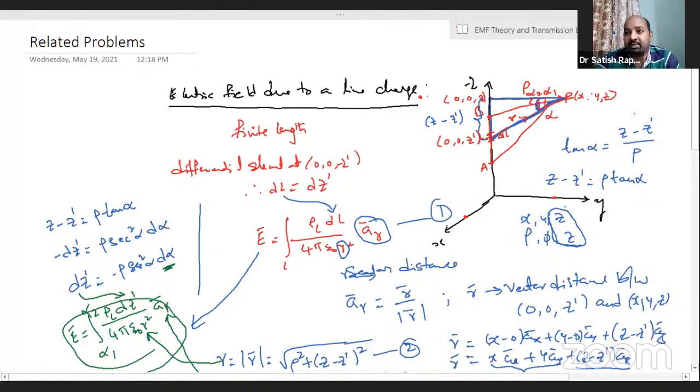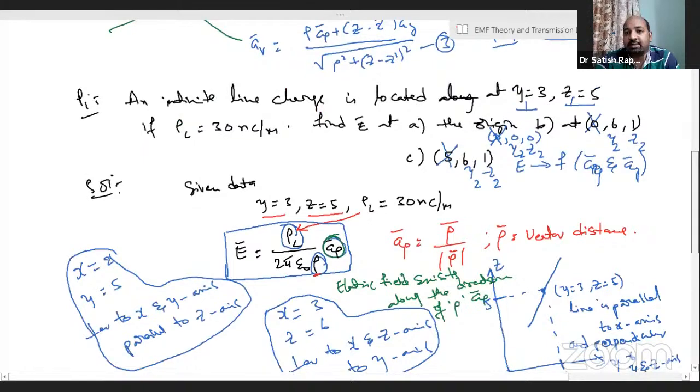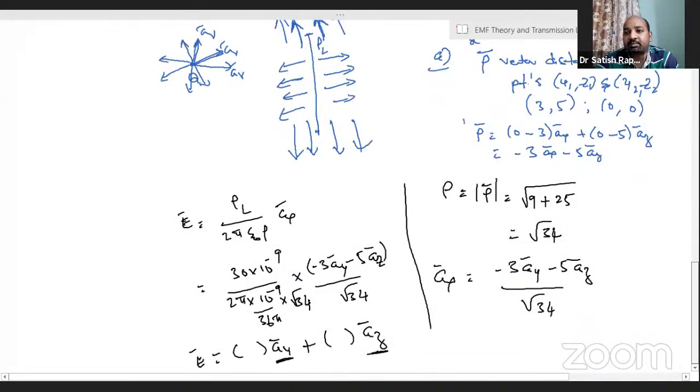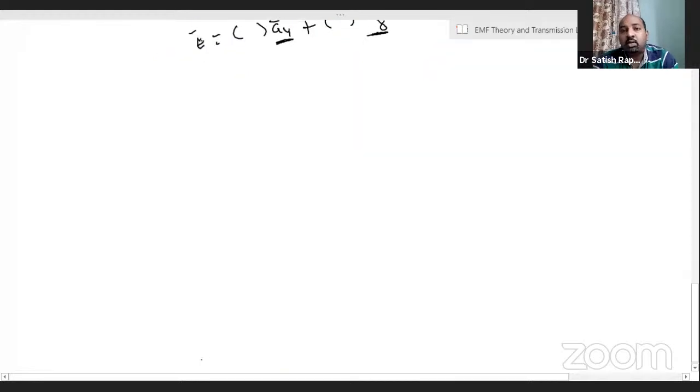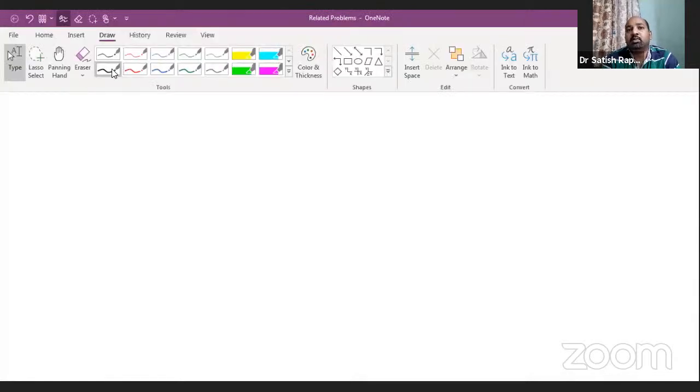That we have derived, and we have also done a related problem using that. Let me take one more related problem so that you will get even more clarity on it.